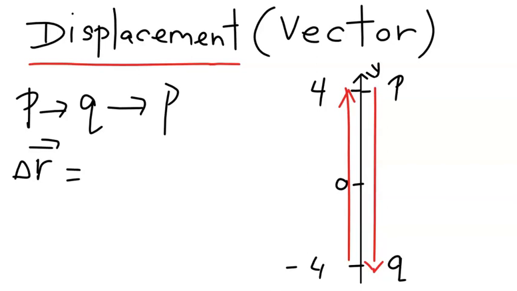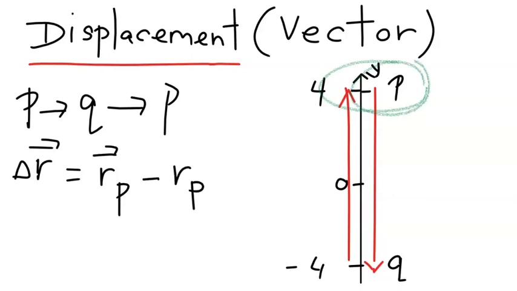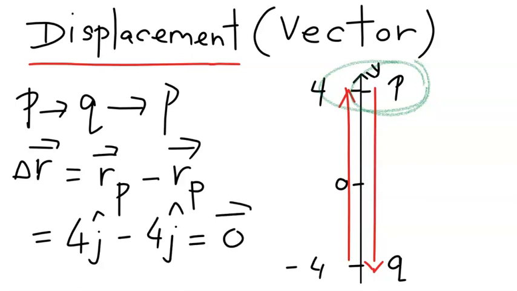The final point is P, so we write r_P, minus the position vector of the initial point, which is also P, so r_P minus r_P. In this case it's 4j hat, because the position vector of point P is 4j hat, minus 4j hat, which is the zero vector, 0 meters.